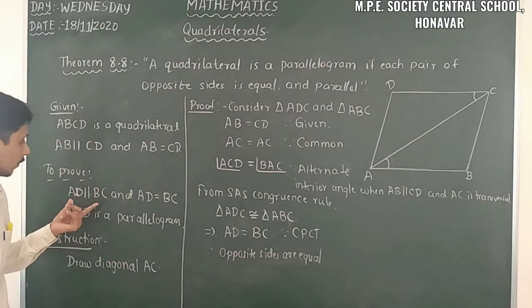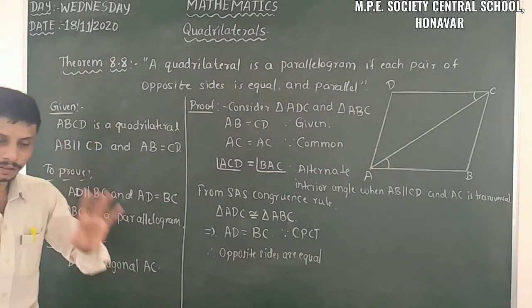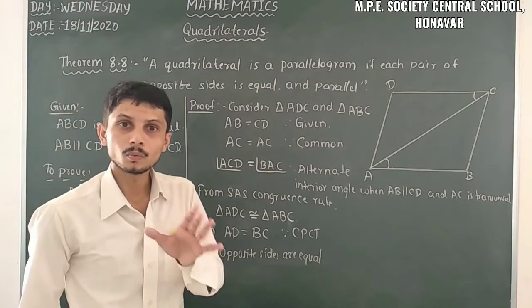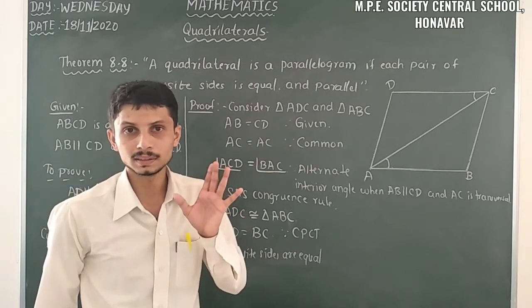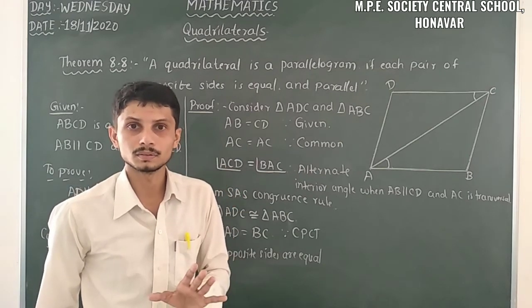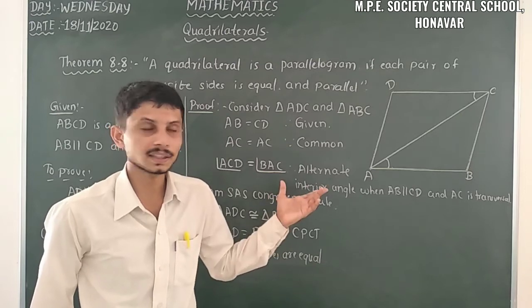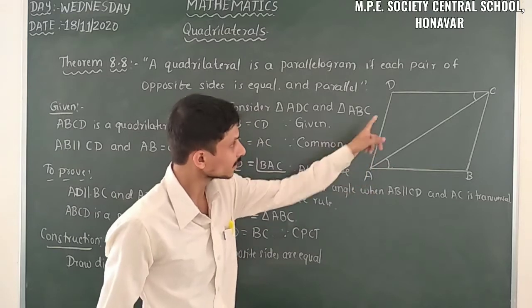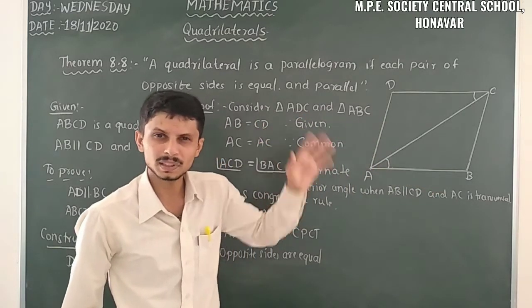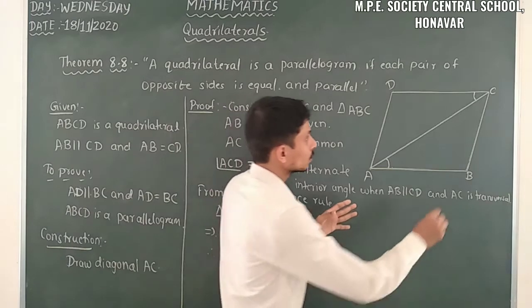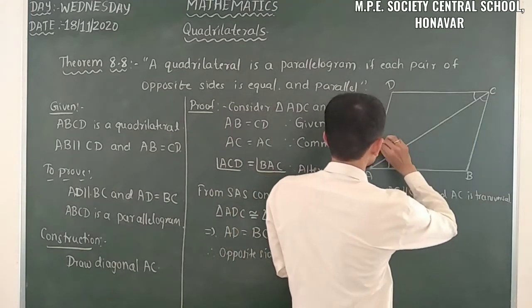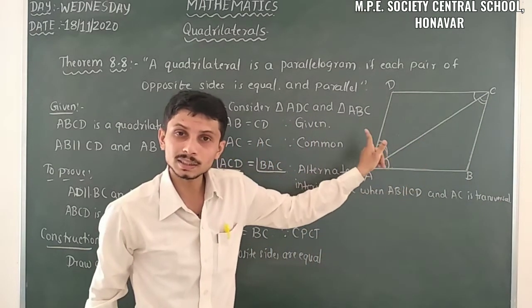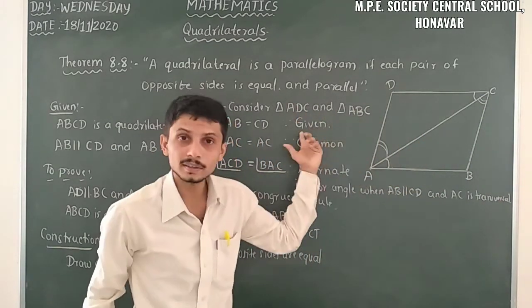But after that we have to find out that AD is parallel to BC. For AD to be parallel to BC, we need at least one pair of alternate interior angles equal. What are the interior angles possible here? One is this one and another is this. Are those corresponding parts of the two congruent triangles?